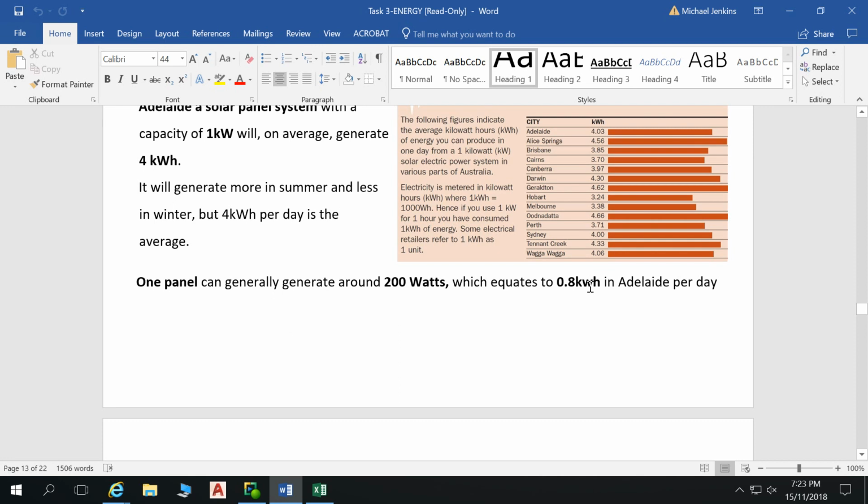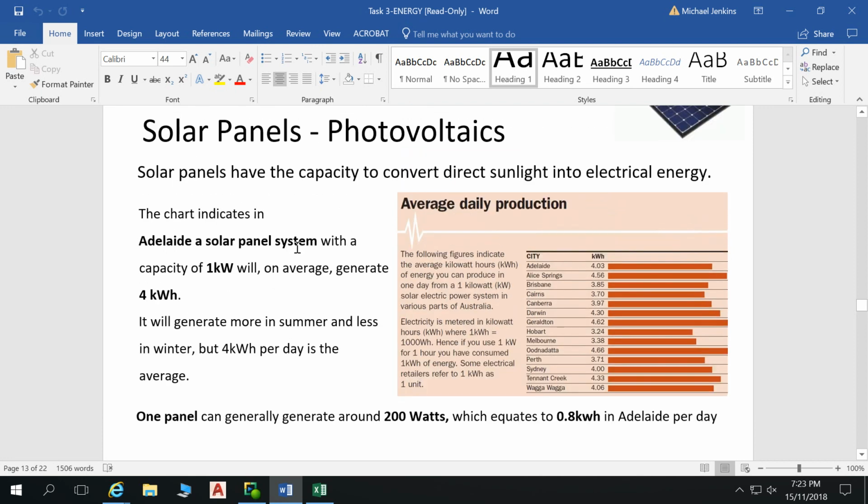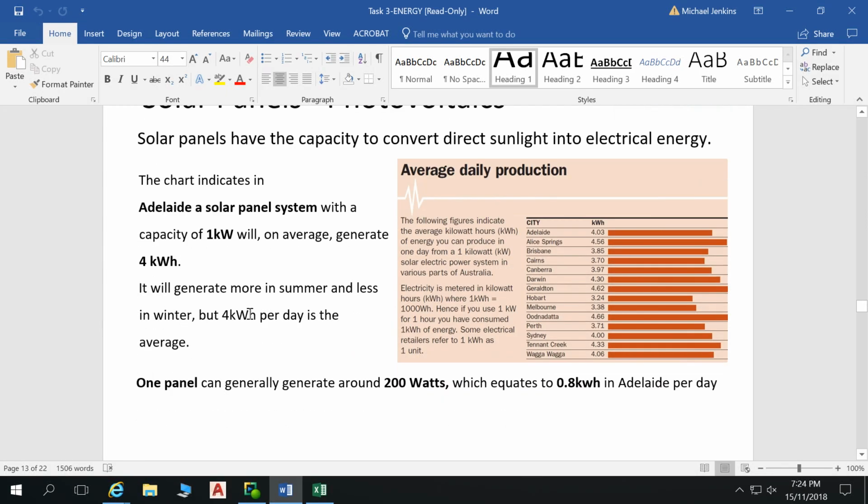Does that make sense? So for a 1 kilowatt system, 200 watts is divide by 5, multiply by 4, and we get 0.8 kilowatt hours per day in Adelaide per panel.